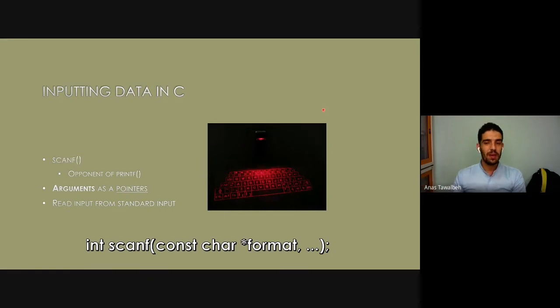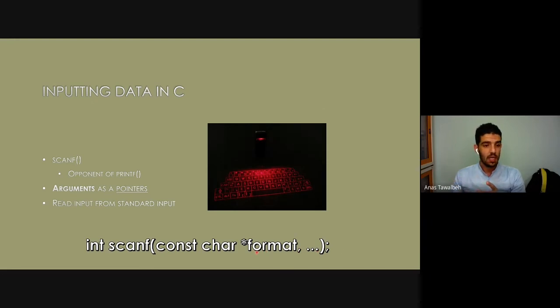Anyway, we have been talking about outputting to the screen, or showing the user. Coming to the second part, which is inputting by the user. So the user can input information, as you know already, by using scanf. And it is, let's say, the opposite of printf. However, it may look like printf. Okay, so it has integer, scanf, constant character format, followed by optional arguments.